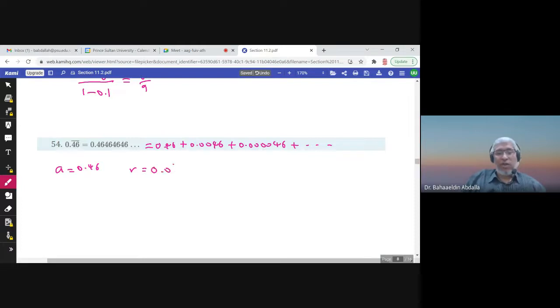So this is r. So this series is convergent to a over 1 minus 0.01. And the answer would be 46 over 99.